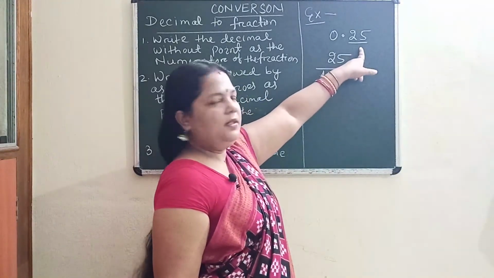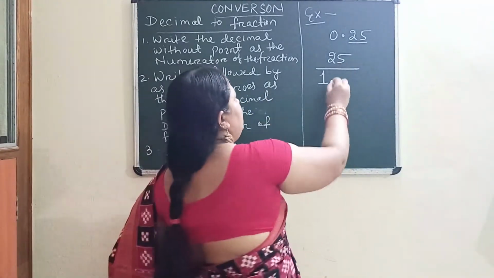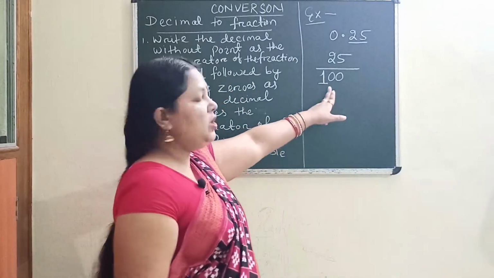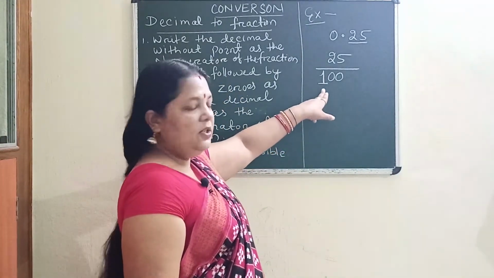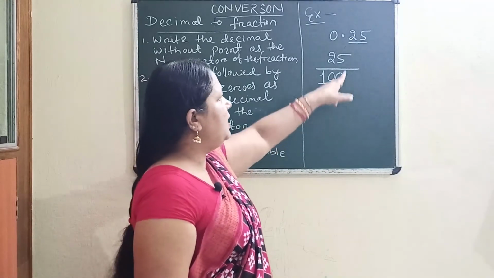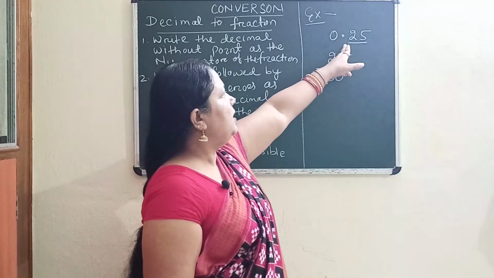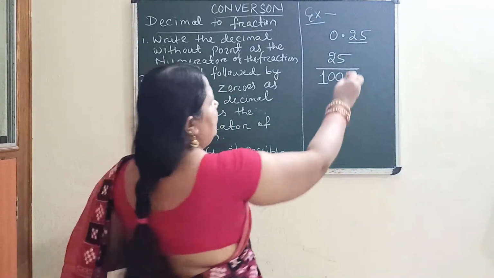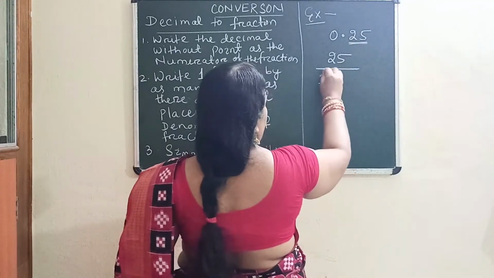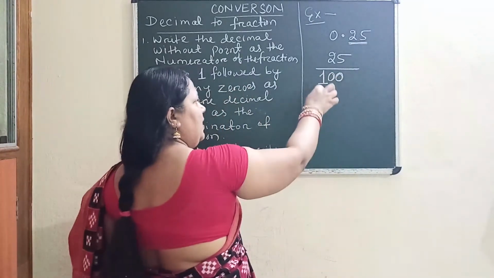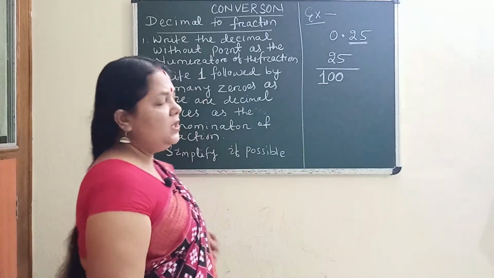How many places children? 2 places. So what you will do? Add that much of zeros in the denominator with the 1. Here decimal places are 2. So you will add 2 zeros with the 1 and it will be your denominator.